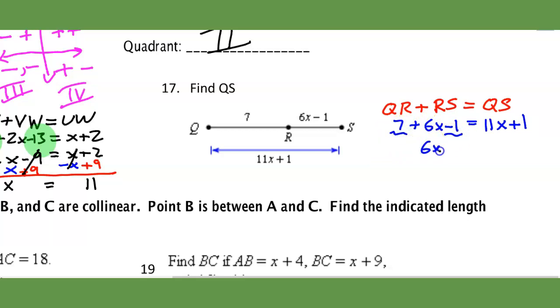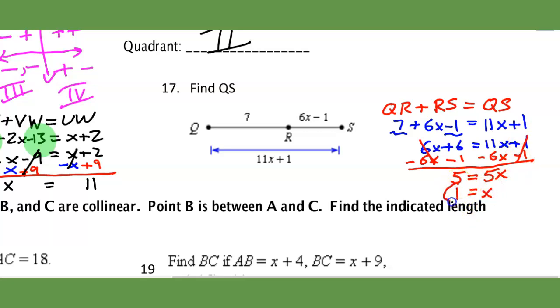So we have 6x plus 6, 7 minus 1 is 6. And then we can solve. I'm going to subtract 6x on both sides and subtract 1 on both sides. We have 6 minus 1, which is 5. 11x minus 6x is 5x. So divide both sides by 5, and we'll find out that x equals 1.